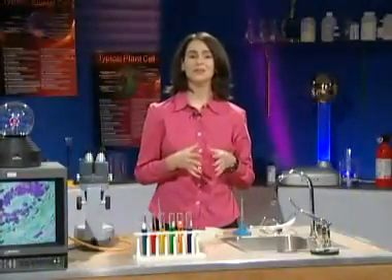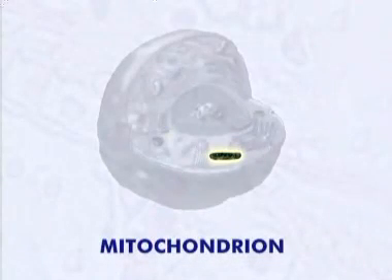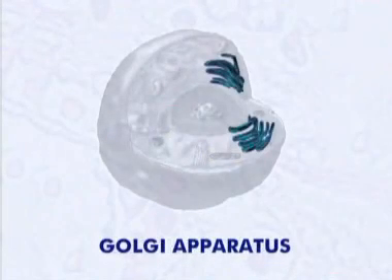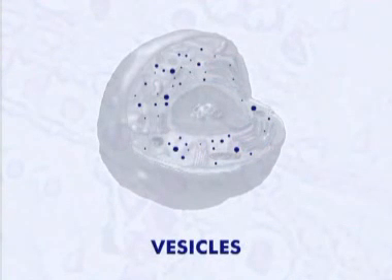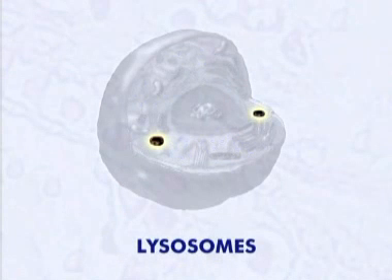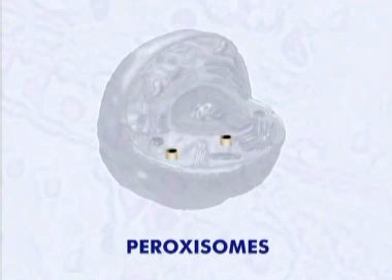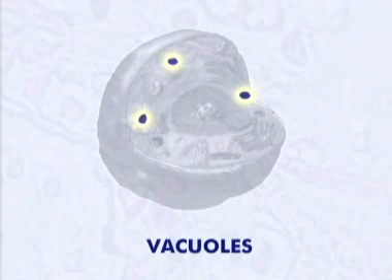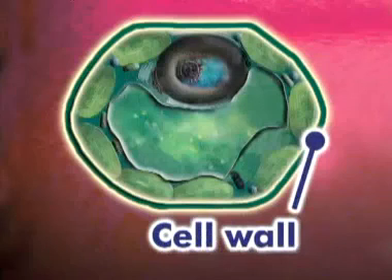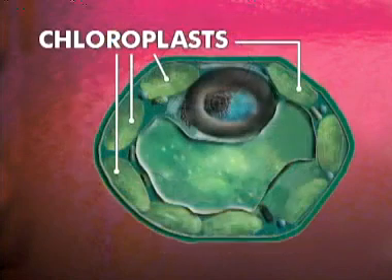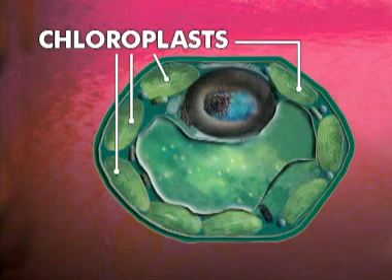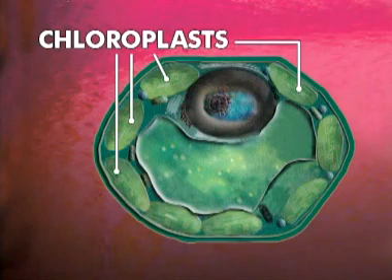In this section, I reviewed the mitochondrion, the powerhouse of a cell, the Golgi apparatus, the cell's distribution center, vesicles, organelles that transport proteins, lysosomes, part of a cell containing enzymes that digest, peroxisomes, organelles that detoxify the cell, vacuoles, bubbles filled with water, oil, or other substances, the cell wall, a part found only in plant cells that helps plants maintain their stability, and finally, chloroplasts, another organelle found only in plant cells that help in photosynthesis.